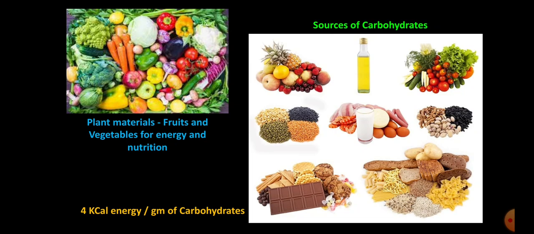Students, we know that human beings and animals are heterotrophs. They cannot prepare their own food and thus they are dependent upon the plants because the plants are autotrophs. They are the only living organisms present in the universe which can prepare their own food.